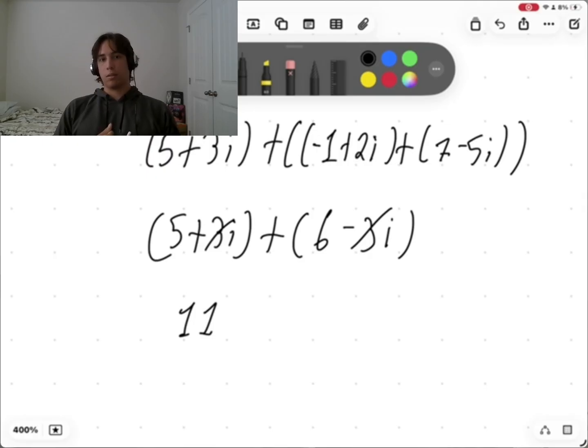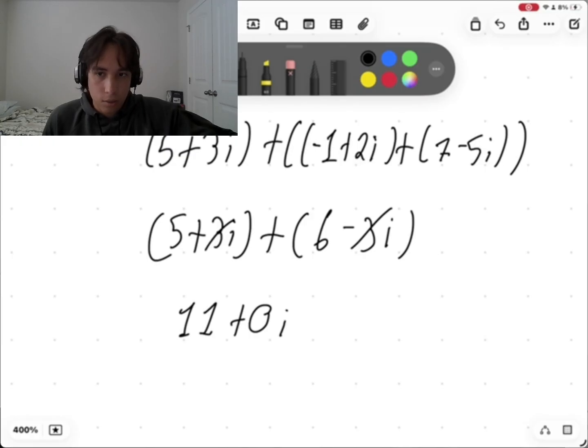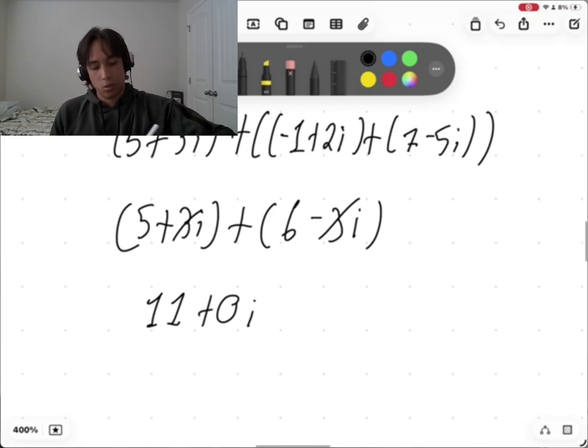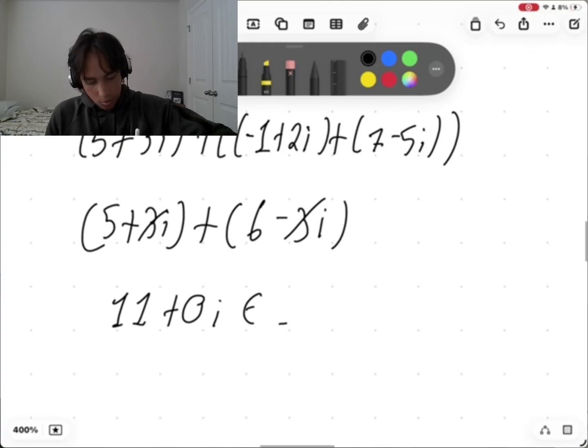So you could say this is still part of the complex number system, but it's plus 0i, and since it's an integer and it's greater than 0, you can say that this is part of the natural numbers.